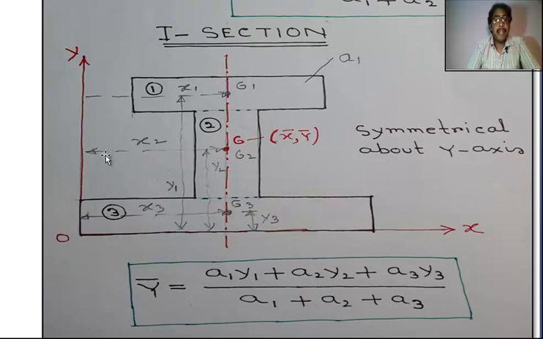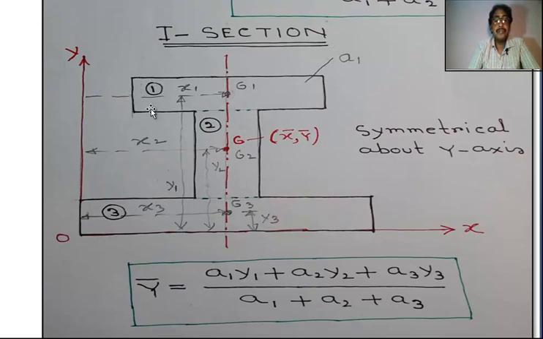If we draw a line parallel to the y-axis, this is the middle of the I section. This middle line divides the section into two parts.